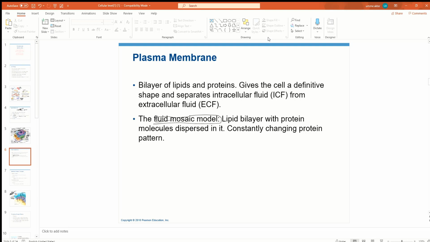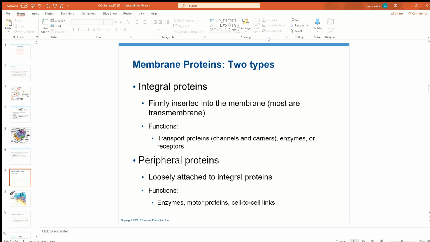When you see under very powerful electron microscopes, it looks like in the phospholipid layer the proteins are moving, changing shape. So it looks like fluid under the microscope. That's why it is called the fluid mosaic model. Nice, beautiful stones in the phospholipid layer.